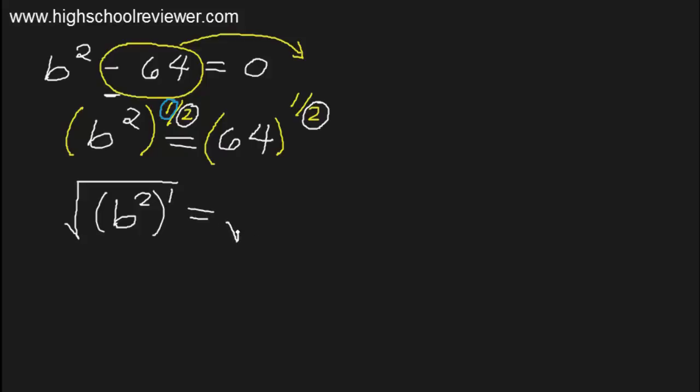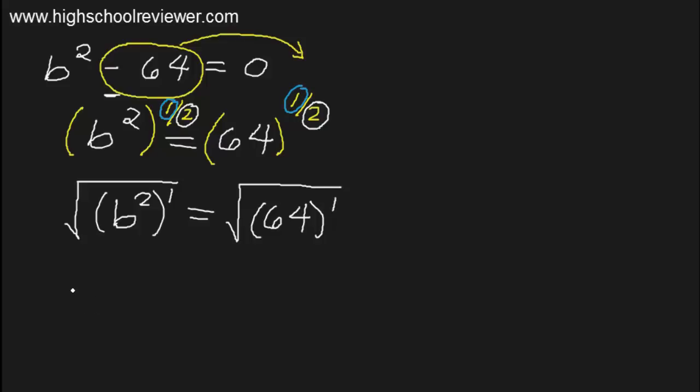This is equal to, again, the square root, since this is 2, and our base is 64, raised to the exponent of 1, since 1 is our numerator. So this will be 64 raised to 1.